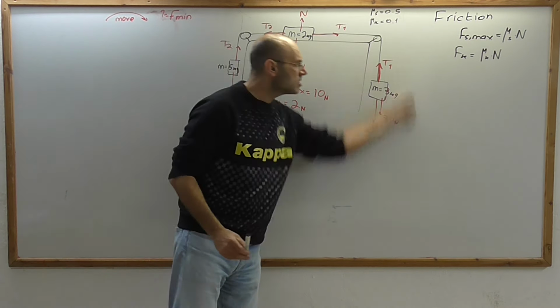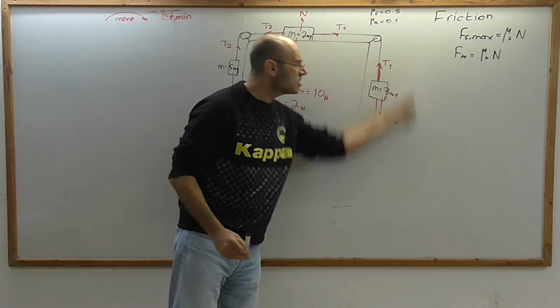We neglect the passive forces, the tensions. This one is pulled by 50 here. This one is pulled by 30 here. Obviously, for this system to tend to move this way, I need to make sure that this force is bigger than that one. So obviously, F must be bigger than 20. So it will be 50 here and 50 here.